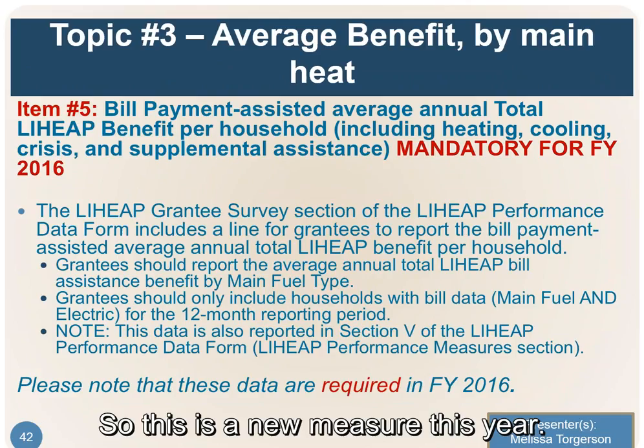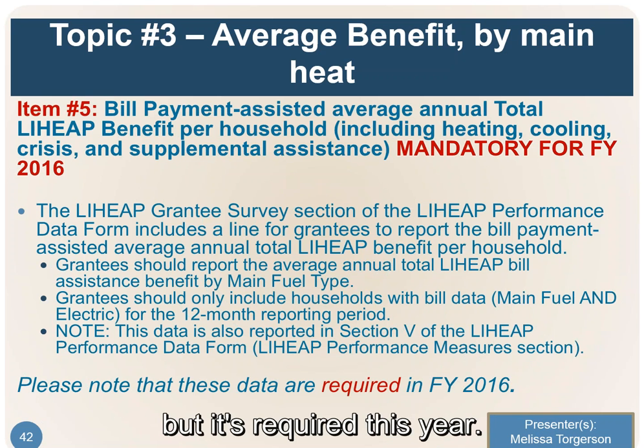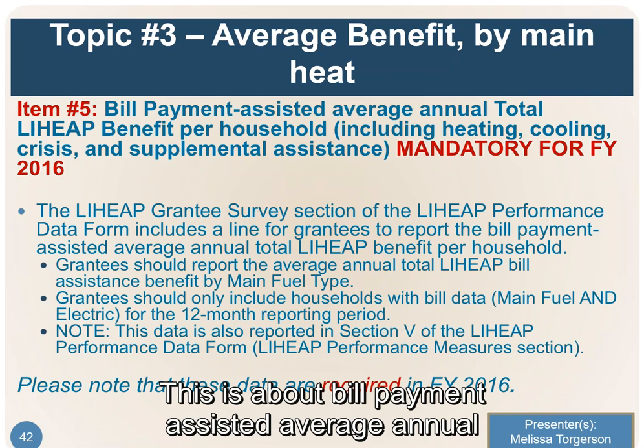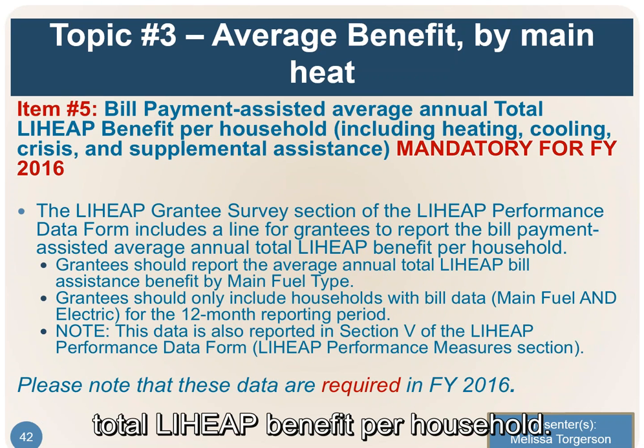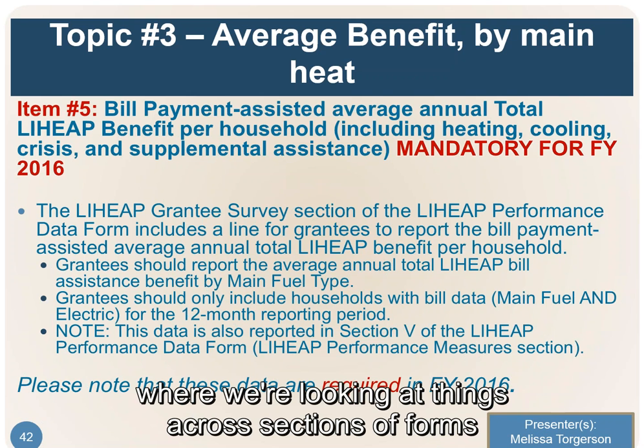So this is a new measure this year. It was on the form last year, I believe, but it's required this year. So this is something you're all going to be looking at. This is about bill payment assisted average annual total LIHEAP benefit per household. So we're starting to get into those linkages again where we're looking at things across sections of forms and across forms.